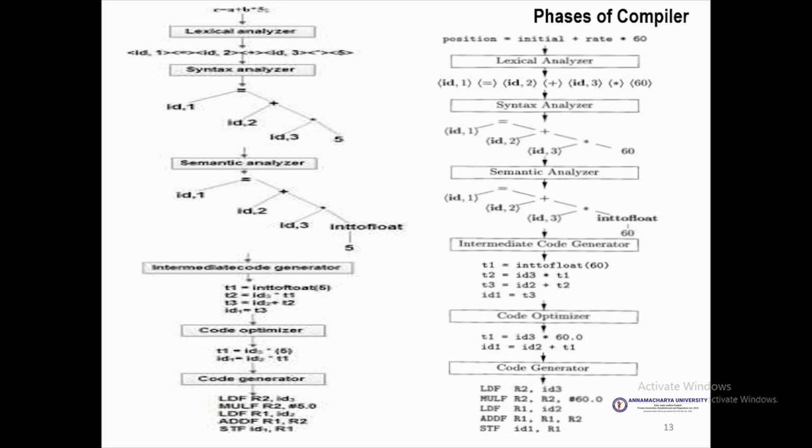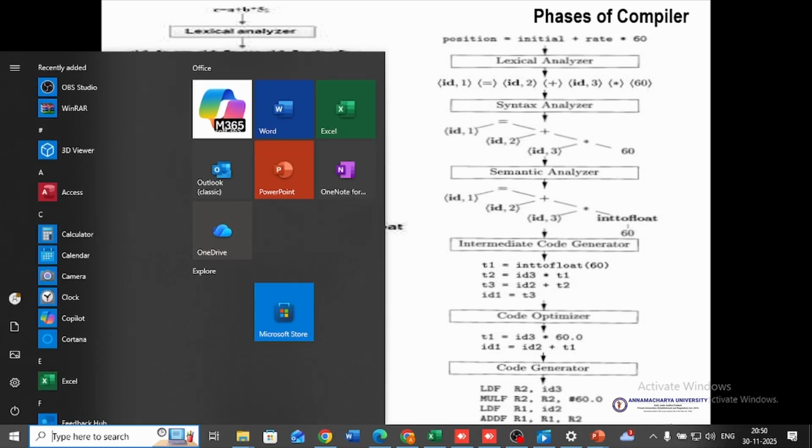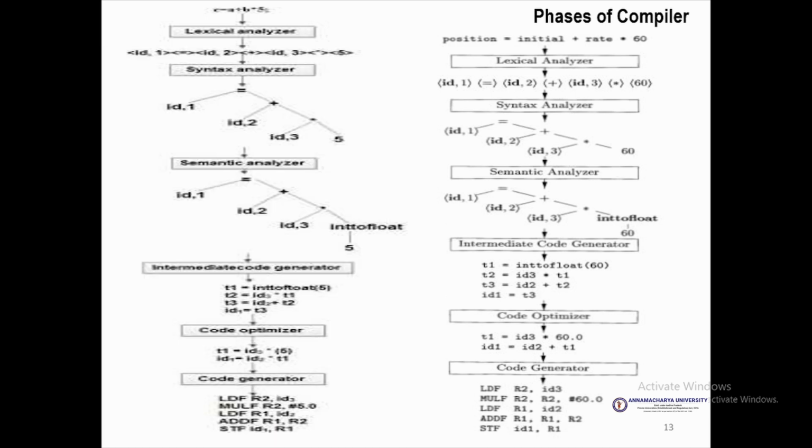This intermediate code is generated by the compiler software itself with the support of temporary variables and passed to the next phase.